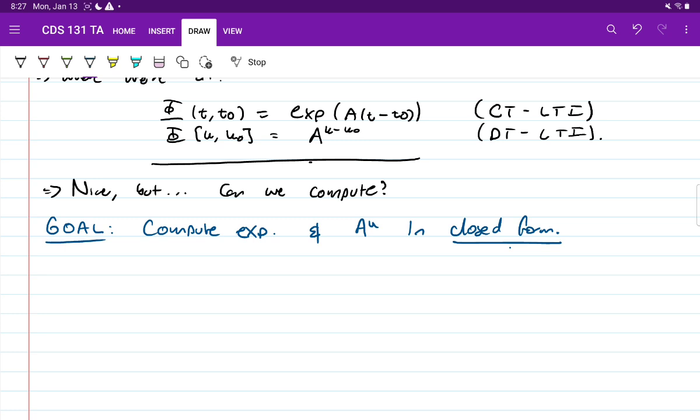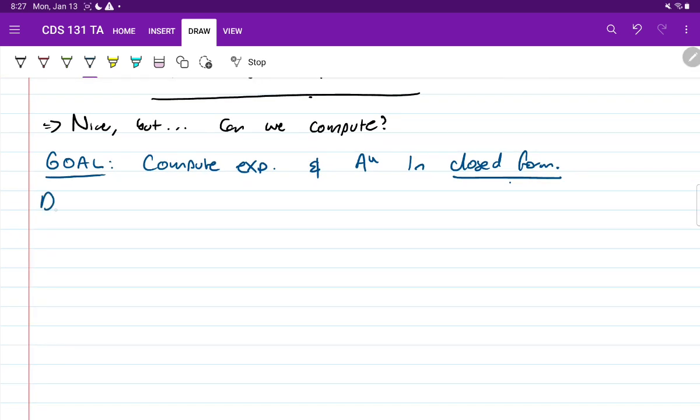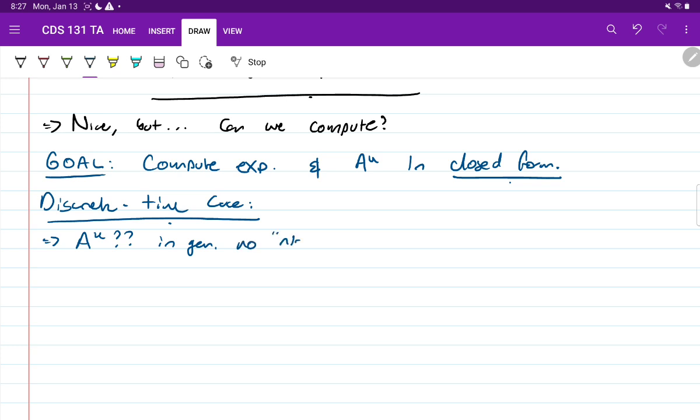So let's figure out what a nice method of doing this might be. I'm going to start with the discrete time case, because it's a little bit easier. What do we know about computing A to the k? In general, there's no nice formula for directly computing the power of a matrix.